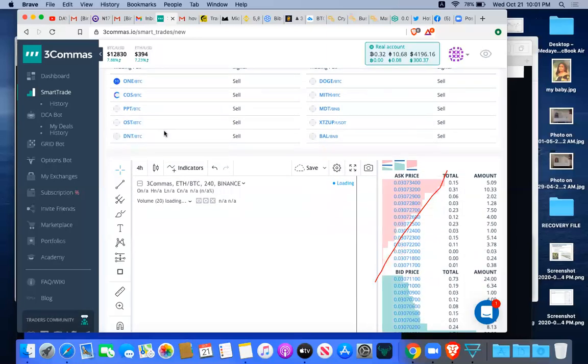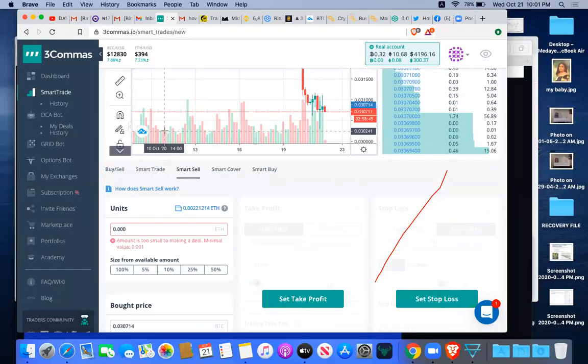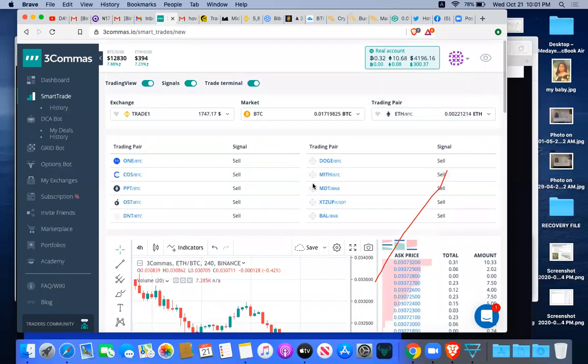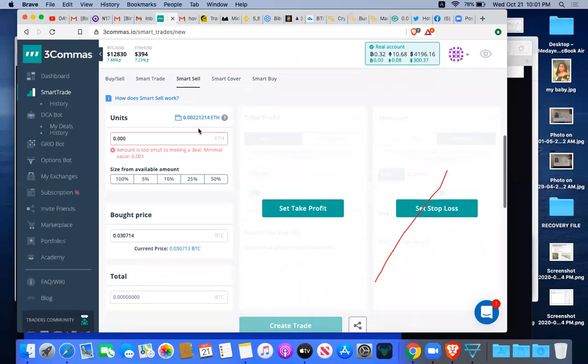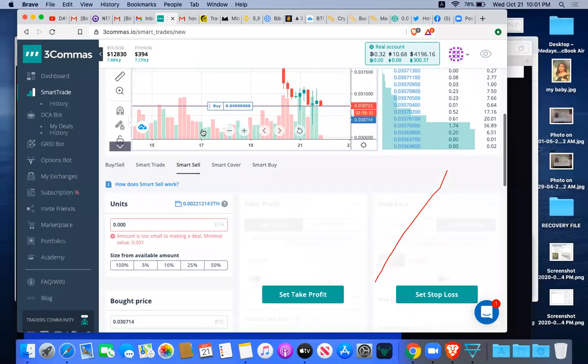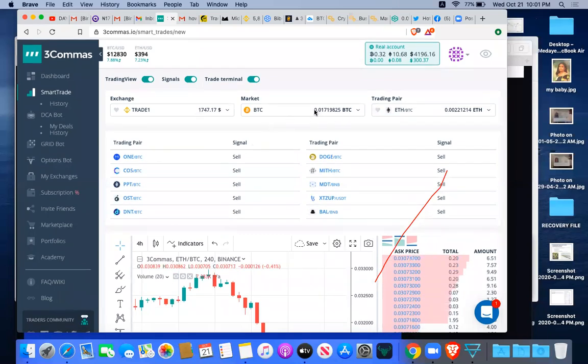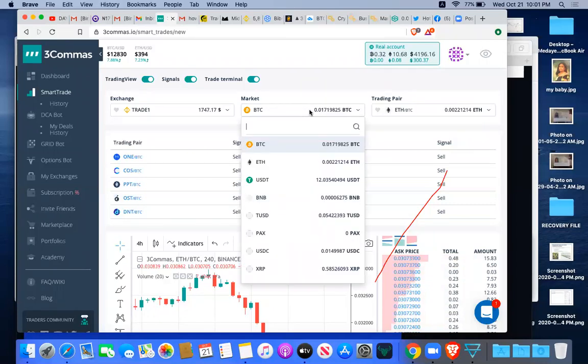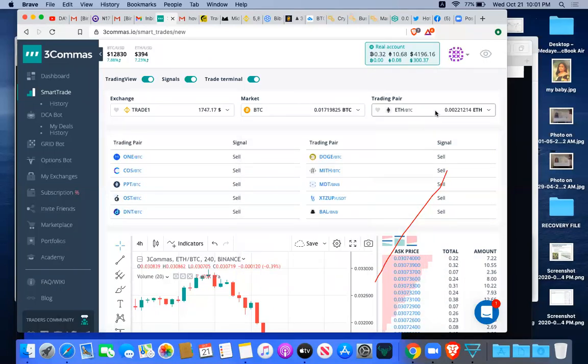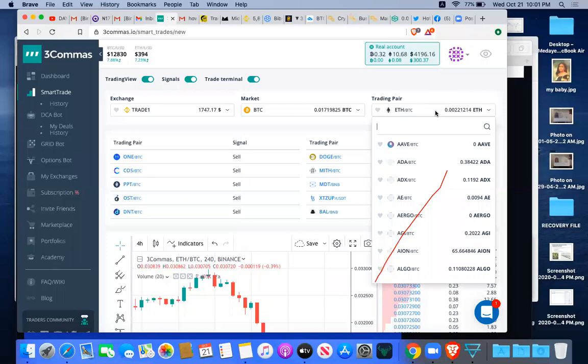Now, if you look at smart trade, this is smart trade, just like your normal trade. You need to check which market you want to trade in, maybe BTC to RSR.